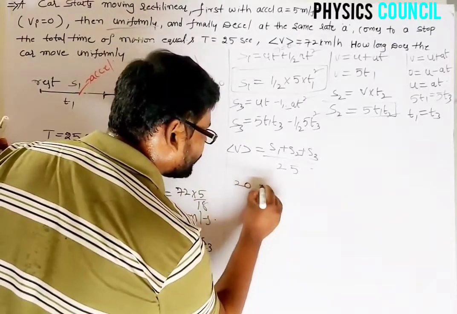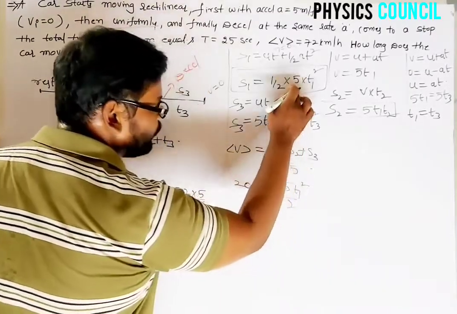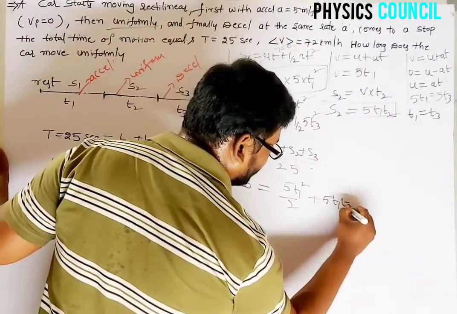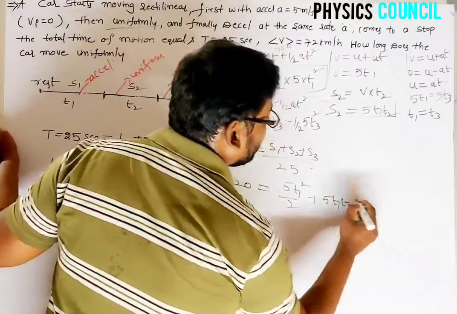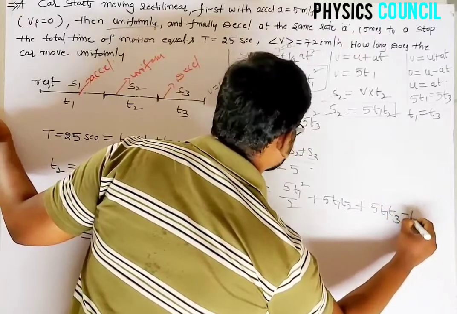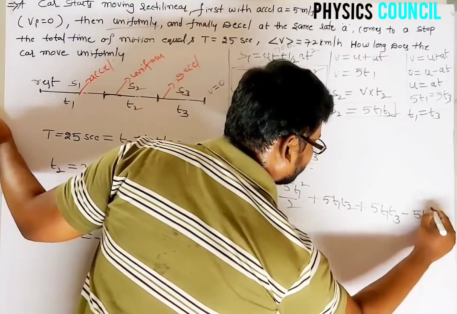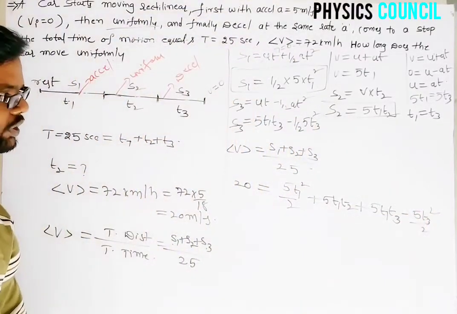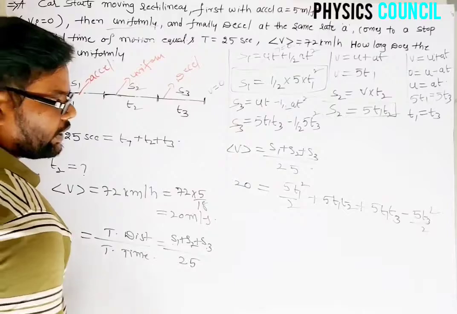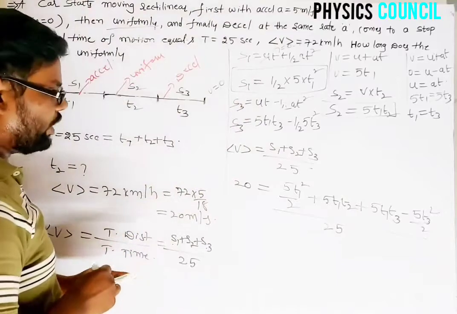So 20 is equal to s1, which is 5t1 square by 2, plus s2, which is 5t1 t2, plus s3, which is 5t1 t3 minus 5t3 square by 2, isn't it? So here t1 is equal to t3, already we know that, isn't it? So here by 25 seconds.